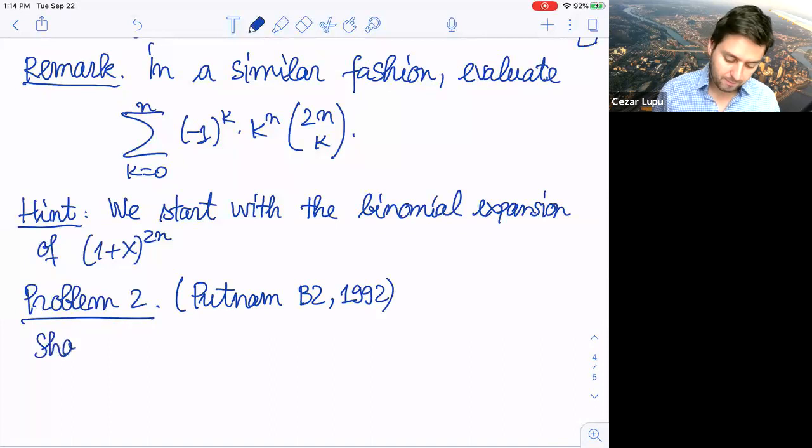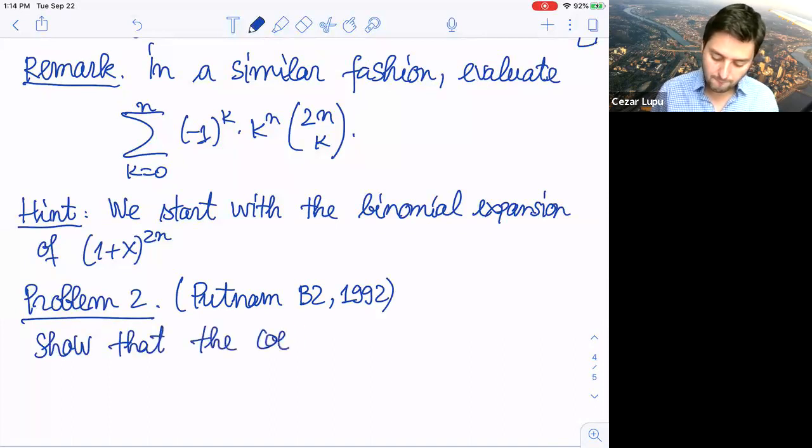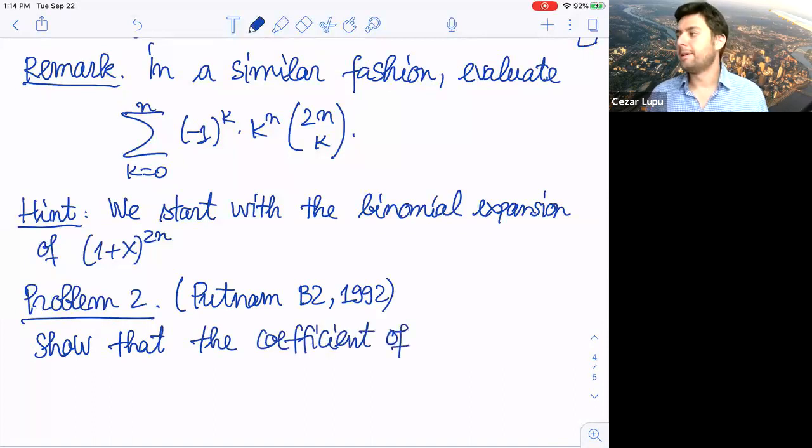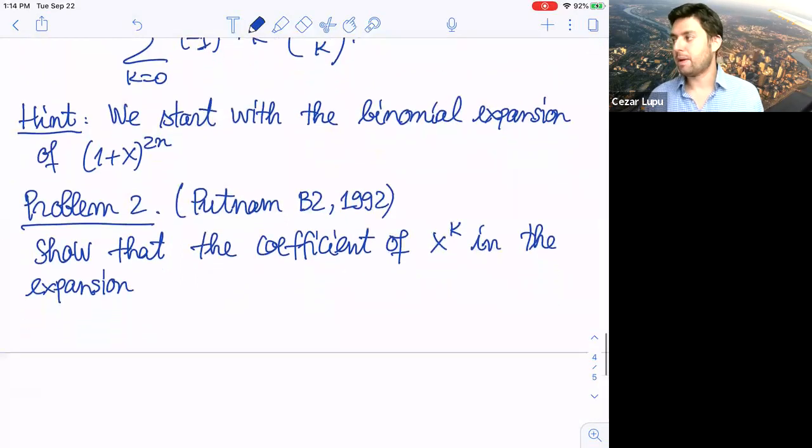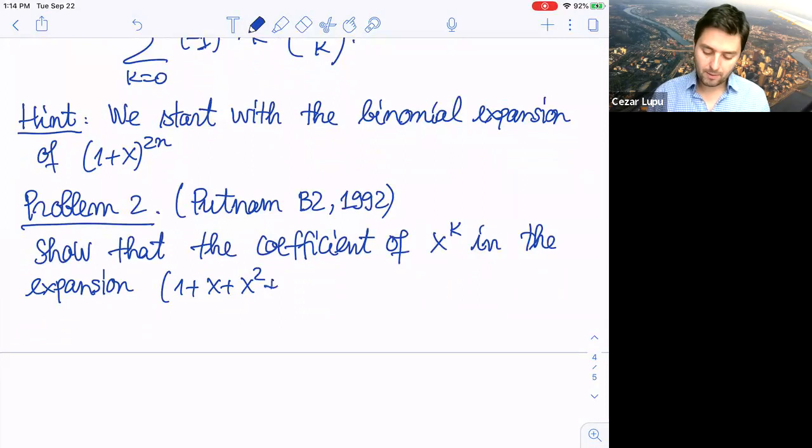Show that the coefficient of x to the k, so pay attention here, in the expansion of 1 plus x squared plus x cubed, everything to the power n.